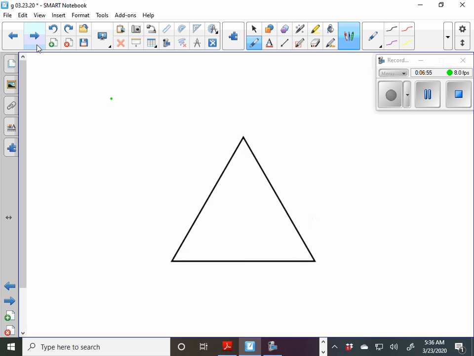One more formula I'd like to introduce again comes from area equals 1/2 base times height.